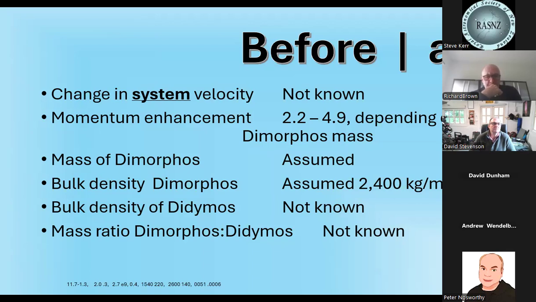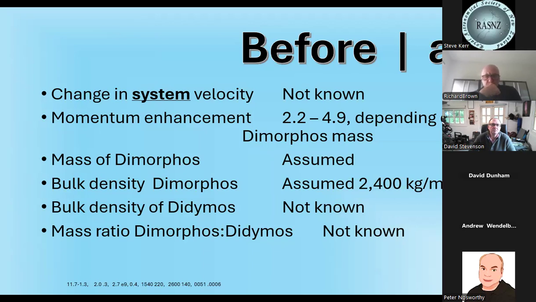The mass of Dimorphos, they assumed. I don't have the figure here. From the occultation observations, they derived a mass of 2.7 plus or minus 0.4 times 10 to the 9 kilograms.